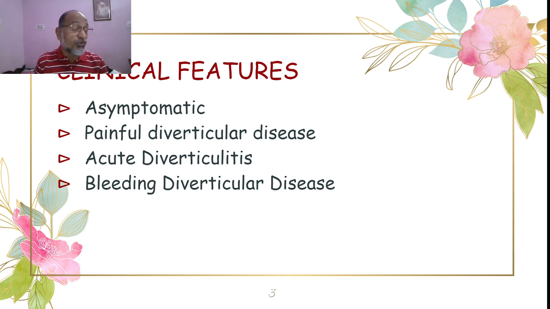Then the fourth variety is the bleeding diverticular disease, where the patient finds one sudden morning that his stool has dark red clotted blood mixed in it, and he is frightened and visits the surgeon, and the surgeon does a variety of investigations, and then with the help of the barium enema or with the colonoscopy or with endoscopic photography, he is able to know that there is a diverticula which has ruptured blood vessels and is causing the bleeding.